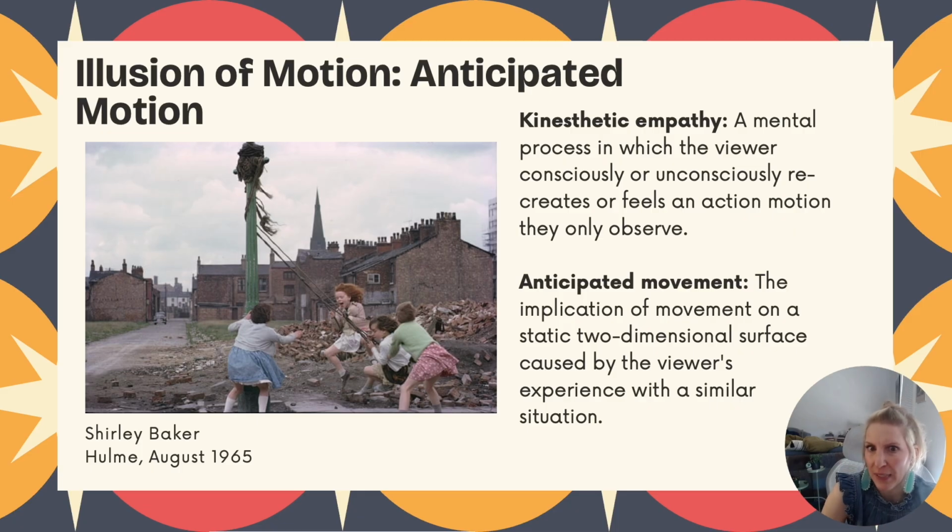You feel that movement in your body from looking at and observing movement. Now, anticipated movement is the implication of movement on a static two-dimensional surface caused by the viewer's past experience with a similar action. If you're looking at a photograph of a runner and you yourself are a runner, you're going to anticipate that movement is occurring.